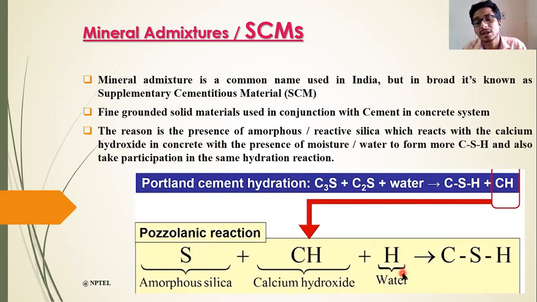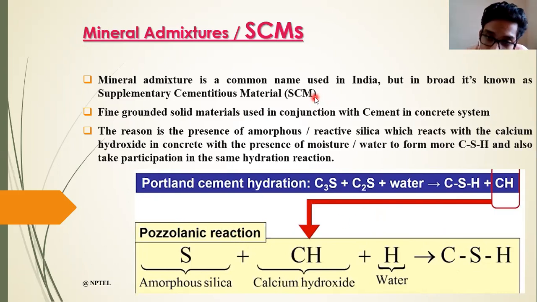With the presence of water, it will again form more CSH. So the bond will be enhanced, the porosity will be reduced, and the density will be increased. So this is the main reason we are using SCMs.